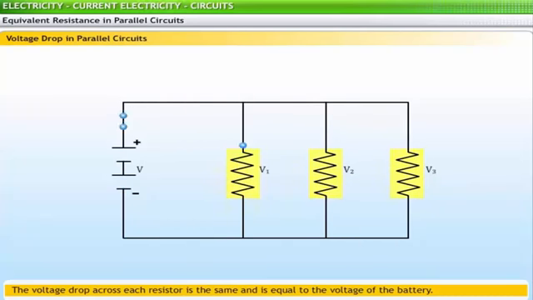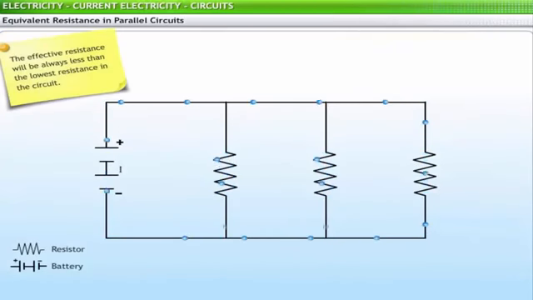The voltage drop across that resistor must equal the voltage of the battery. Put in equation form, this principle is expressed as V is equal to V1 is equal to V2 is equal to V3. Let the equivalent resistance be R.